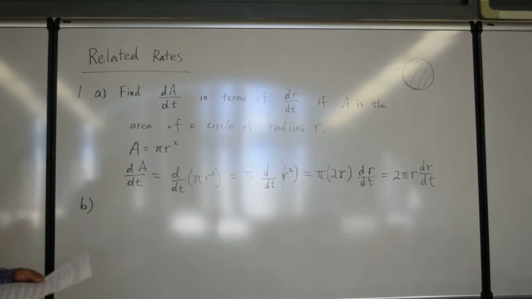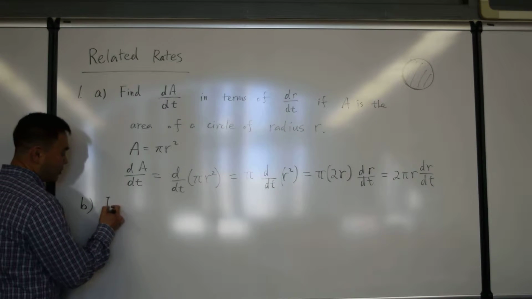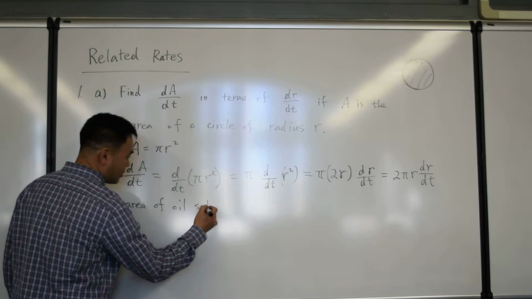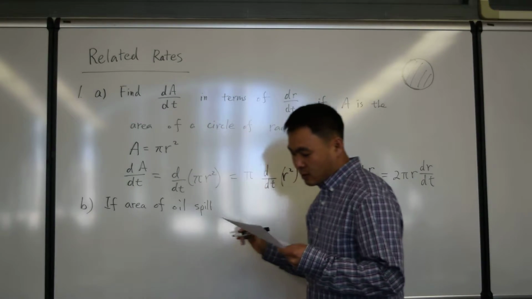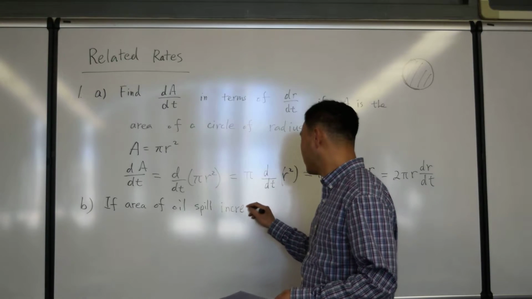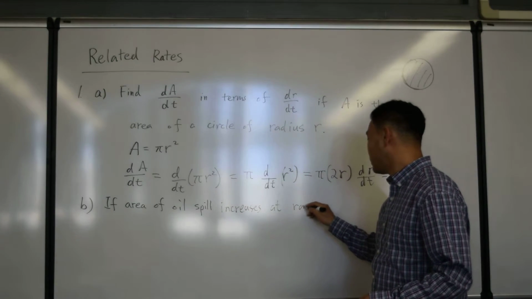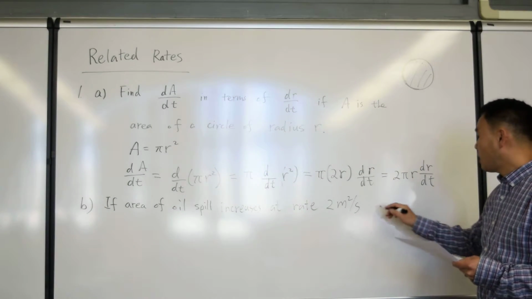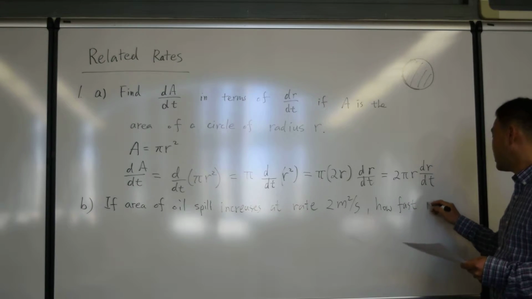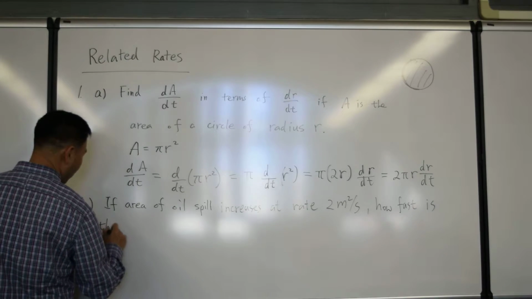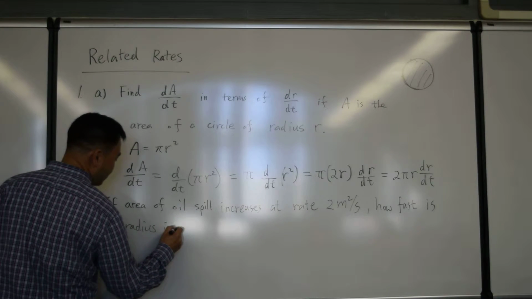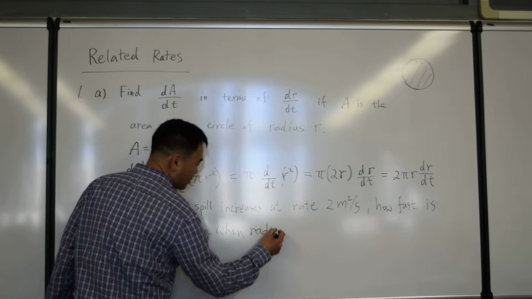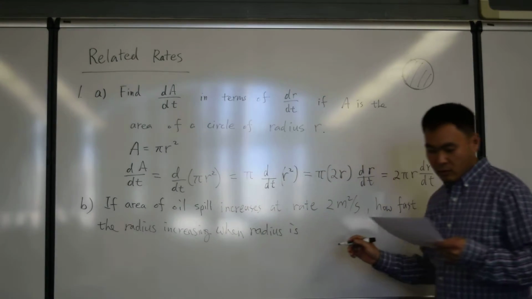If the area of the oil spill increases at a constant rate of 2 square meters per second, how fast is the radius increasing when the radius is 40 meters?